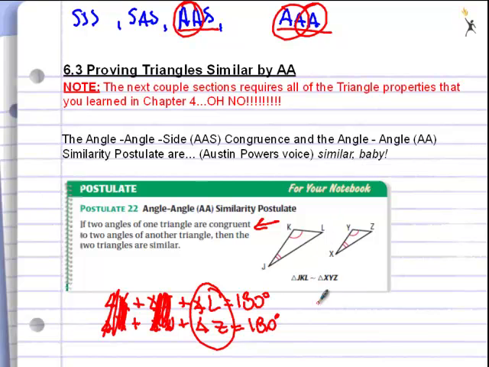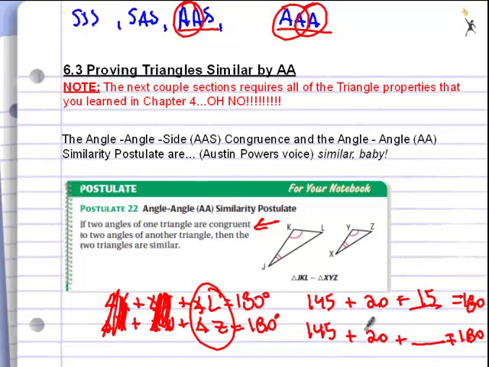So if angle K and Y were, let's say, 145 apiece, and let's say that angle J and X were 20 apiece, we'd still have one more angle that has to get us to 180. If this adds up to 165, this angle has to be 15. If this adds up to 165, this angle has to be 15.